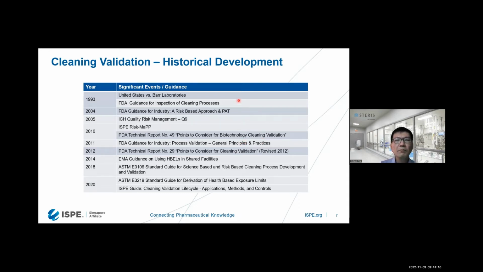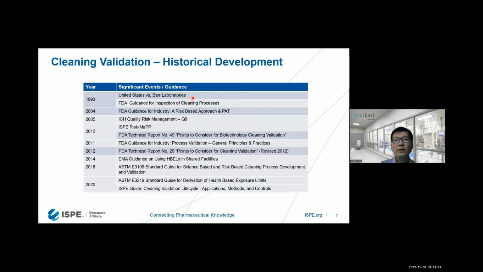This is just a brief introduction to some of the regulations and the guidance documents related to cleaning validation. Back in the year 1993, I'm sure everyone will know this is the US FDA versus Barr Laboratories, whereby there was a lawsuit against Barr Laboratories for serious violations of GMP manufacturing practices.